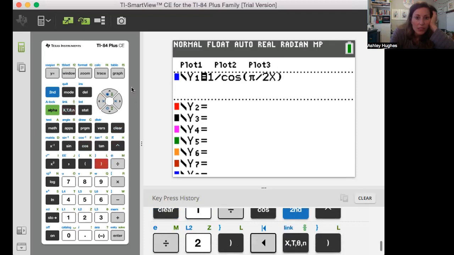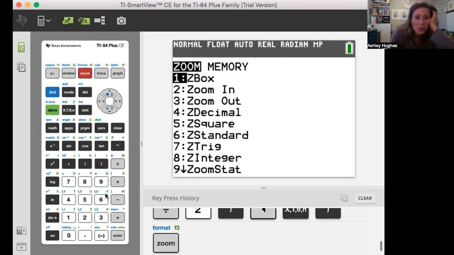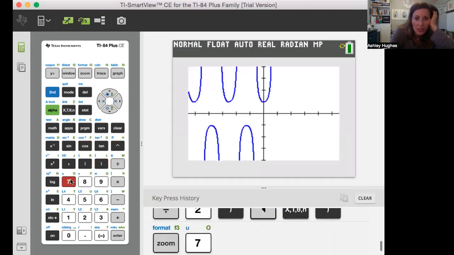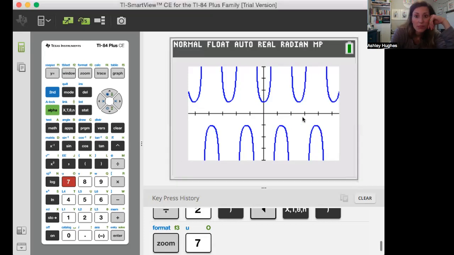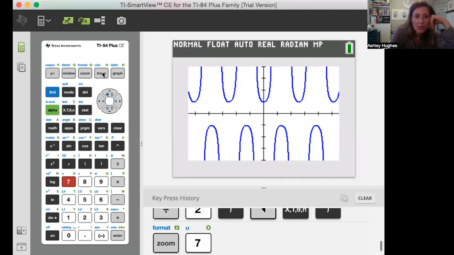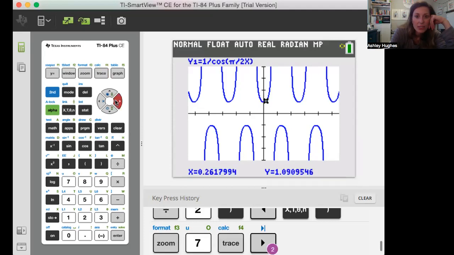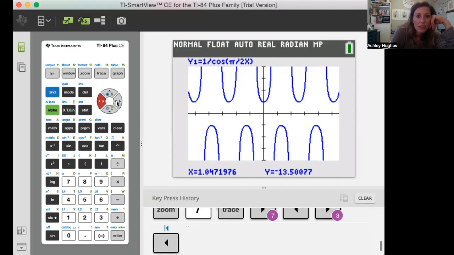All right, let's see. I'm going to zoom and do zoom trig. And what does it look like? Ah, okay, so it has lots of asymptotes. Lots. Let's see, where are they? If we trace, so I have the asymptote.